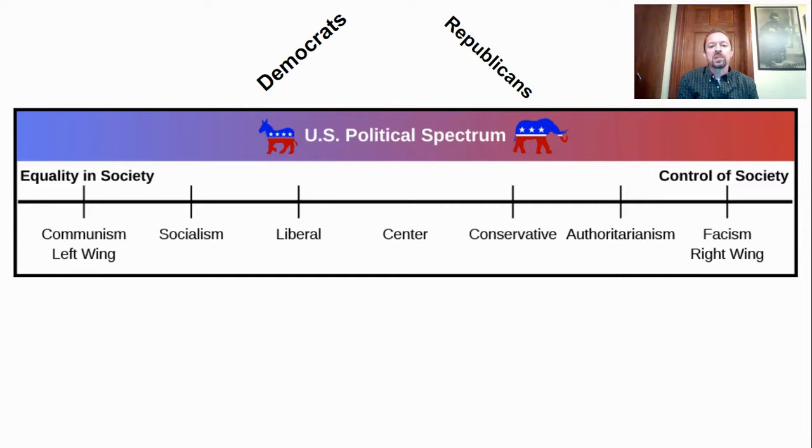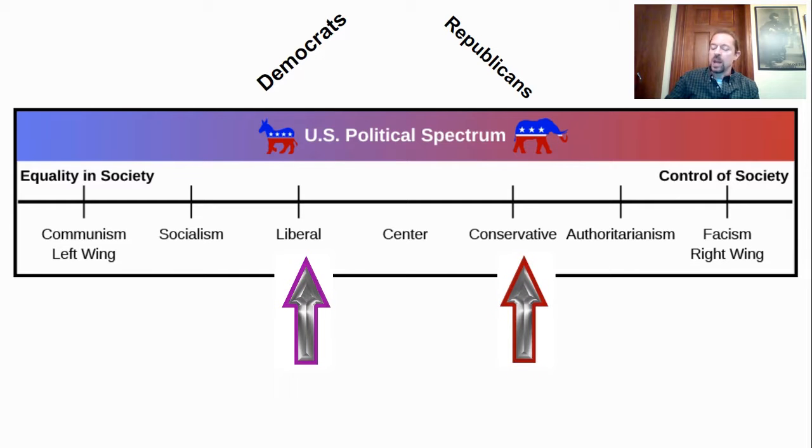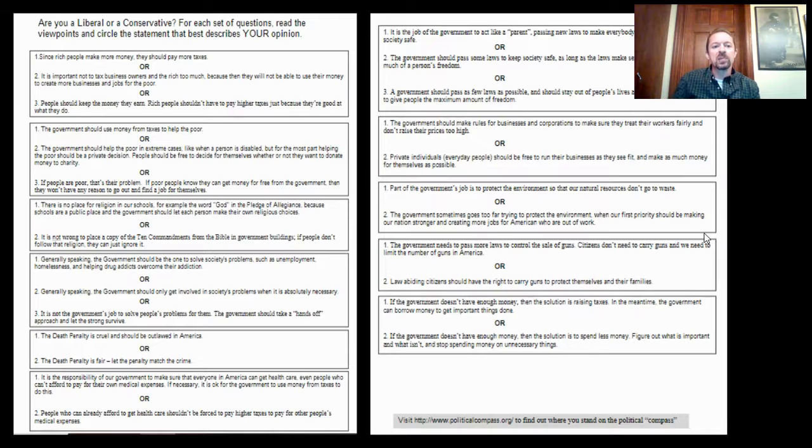So what's a Democrat? What's a Republican? What's the difference between the two? What are the differences in their ideas? Well, this really comes down to these other terms here: liberal versus conservative. And that is why I asked you to take this survey, because by taking the survey, you yourself can determine whether or not you are a liberal or a conservative, or at least which way you tend to go.